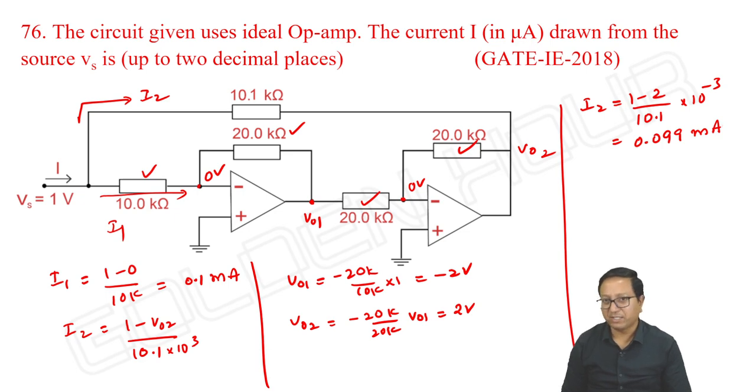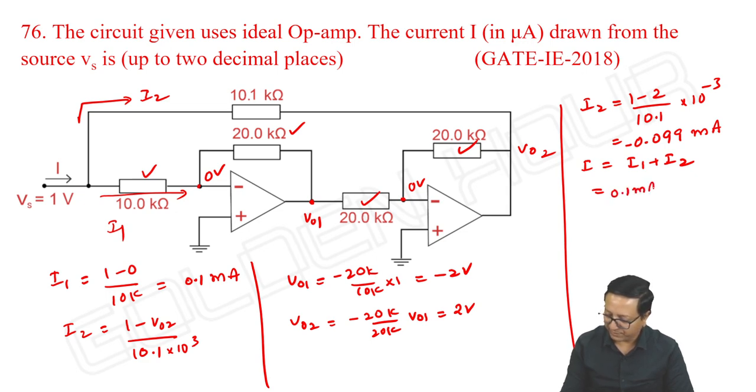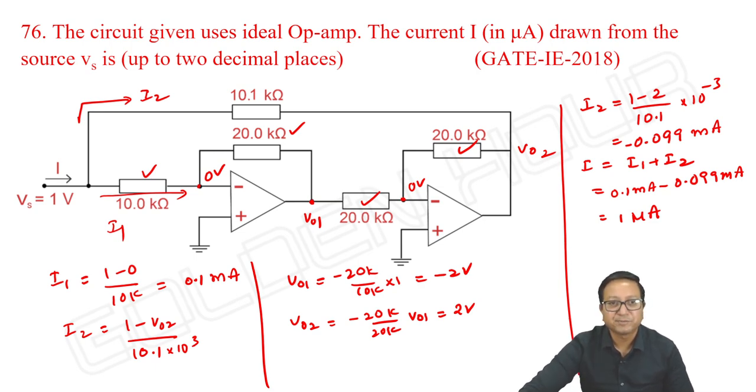Okay, 1 by 10 means 0.1. Instead of 0.1, you will get 0.099 milliampere with negative sign. Yes. Then what about I? I is equal to I1 plus I2. It is equal to I1, 0.1 milliampere, minus 0.099 milliamperes. It is 1 microampere. Directly I am writing because they asked in microamperes. That's it.